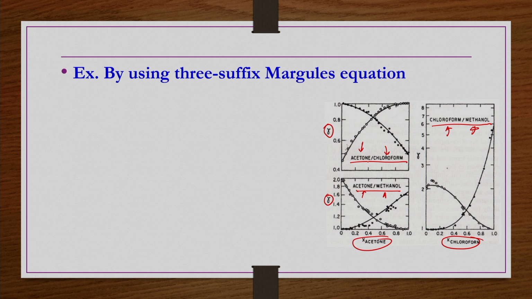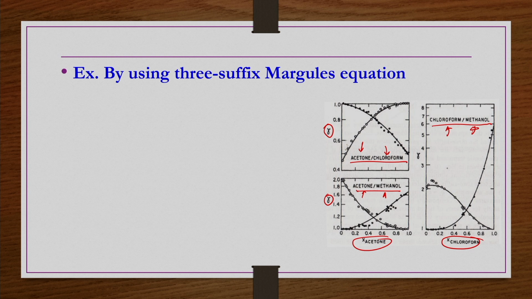So, you can see these unfilled circular symbols indicate the experimental results, and the solid lines indicate the theoretical results, the 3 suffix Margules results.